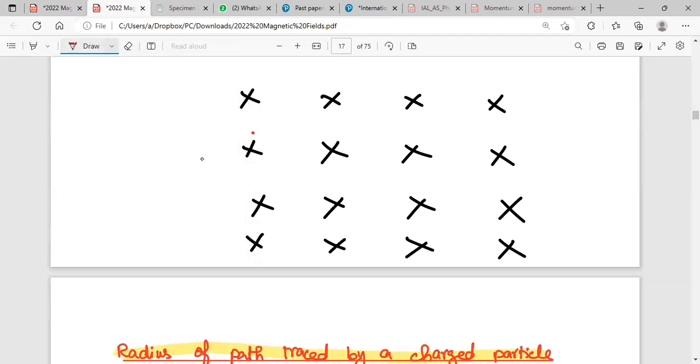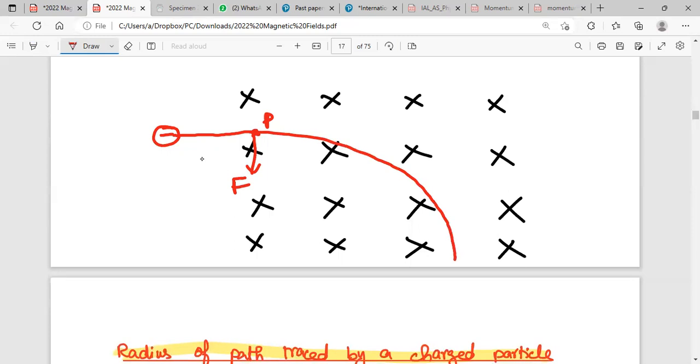And then let's say a negative charged particle is coming. It enters here, and then it experiences a force in the downward direction, and it starts moving downward like this.